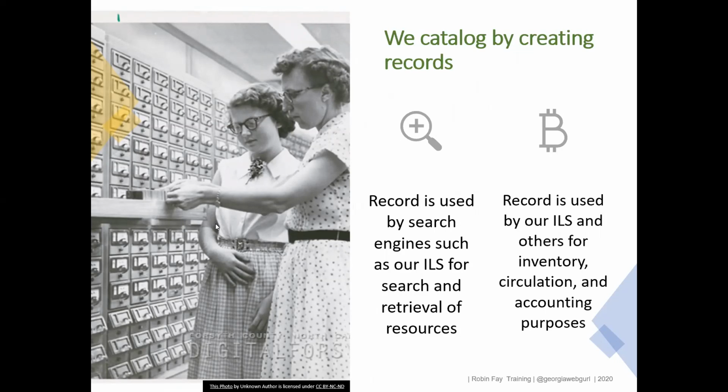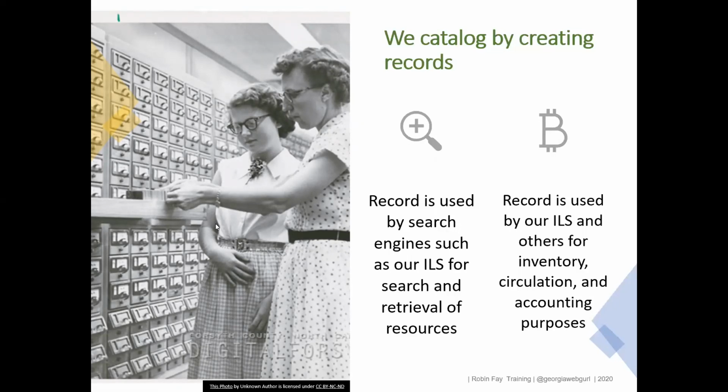Back in those days, our rules had been sort of the same format really up until the mid 1990s. Now, there were libraries that still created cards. There were still cards being printed up until 1996, so there were still some cards kicking around out there. But most libraries had some kind of electronic database at that point that they were creating records in.